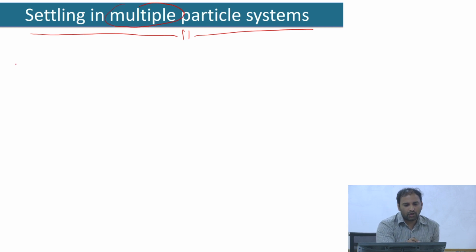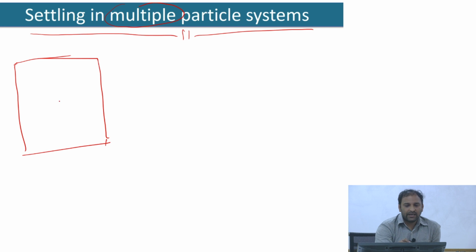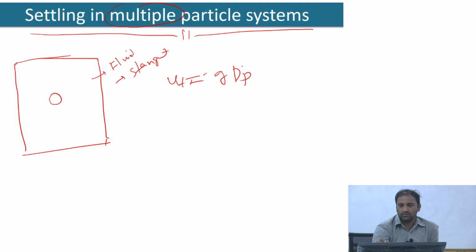Okay, so I'm again going to draw the classic picture. I have a column, or maybe a container, and say that I have one particle in a fluid. Say that your fluid is stagnant. I'm going to write the same formula.